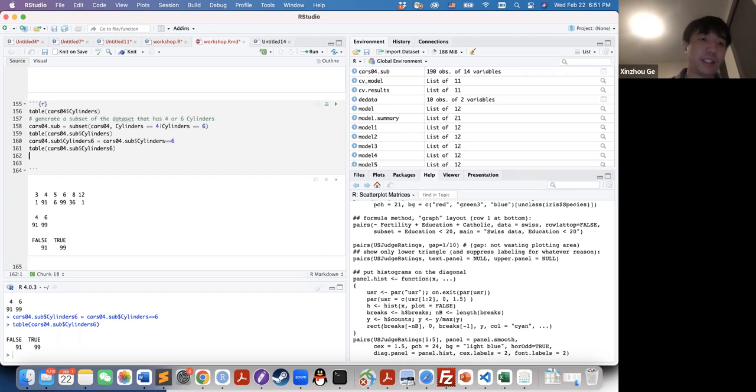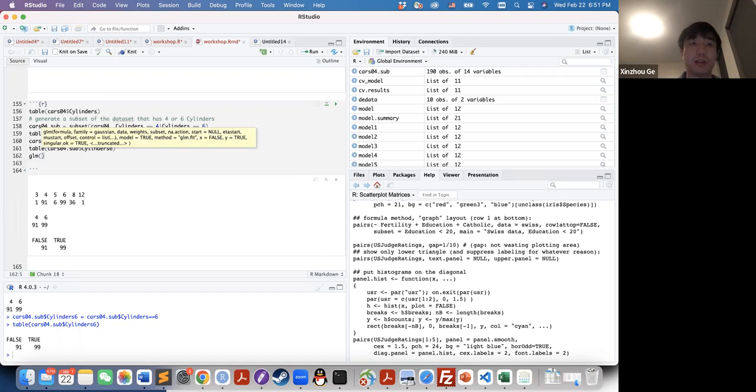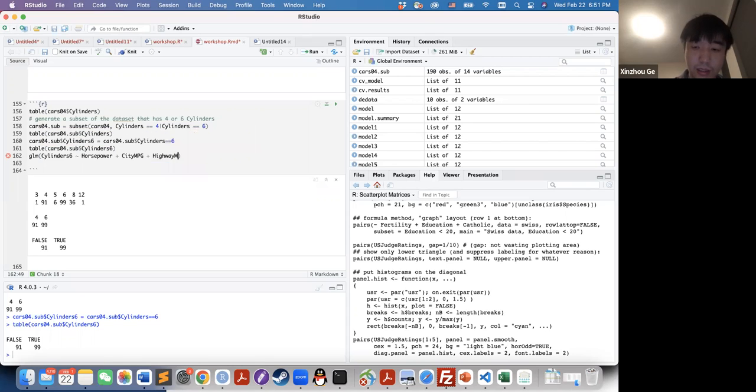And to do the prediction, we need to use a function called glm, which is short for generalized linear models. And in glm, we will first have a formula, and this formula will be similar to our linear regression models. We want to predict cylinder6 using horsepower, city MPG, and highway MPG, and data equals cars.sub.